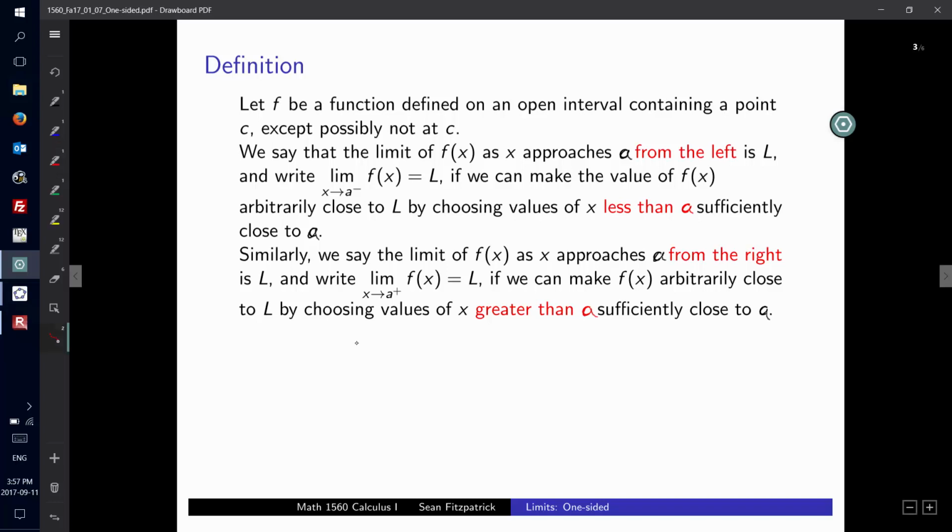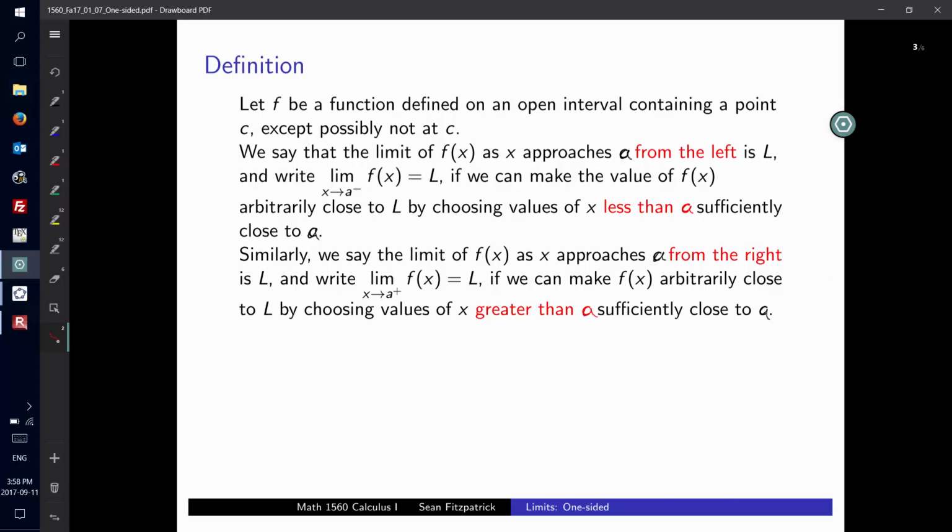And note the notation here. You see that superscript, the minus sign on the a. This is the notation that we use to indicate that we are only considering values of x less than a. This is the notation for the left-handed limit. You would read this expression as the limit of f of x as x approaches a from the left.